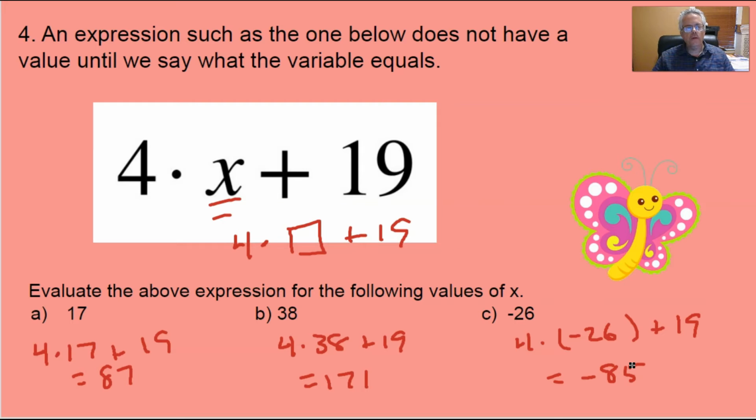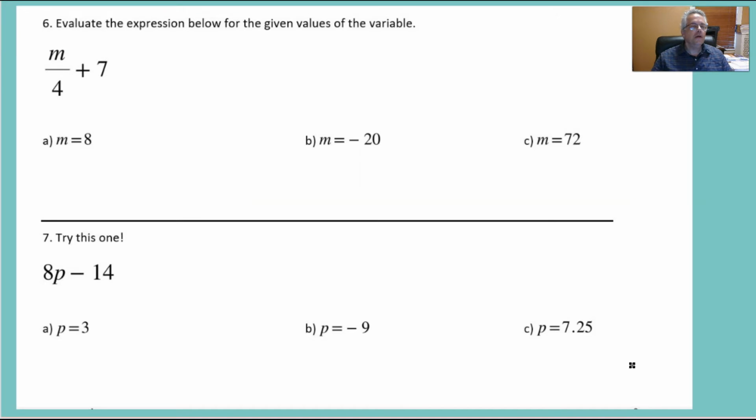All right, so that's what we're learning to do, how to evaluate an expression. And pretty much it means take the values they give you for the variables, substitute them in for the variables, and figure out what the expression equals. So for instance here, we want to figure this out, what this expression equals when m is 8. So we're going to put 8 in for m, so we'd have 8 divided by 4 plus 7.